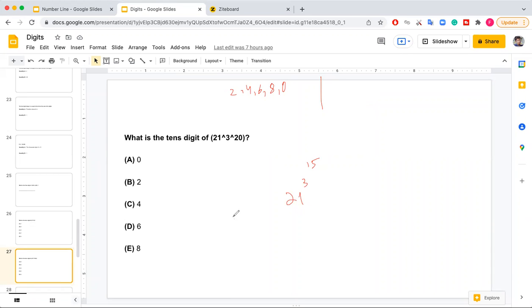Yes, option C, 4. Perfect, because the cyclicity of 3 is 3, 9, 7, 1. And if we divide 15 by 4, what is the remainder? The remainder is 3. That's why we just pick 7. So 21 to some value that ends with 7. If we divide this by 5, the remainder is 2. That's why we will just pick the second value.